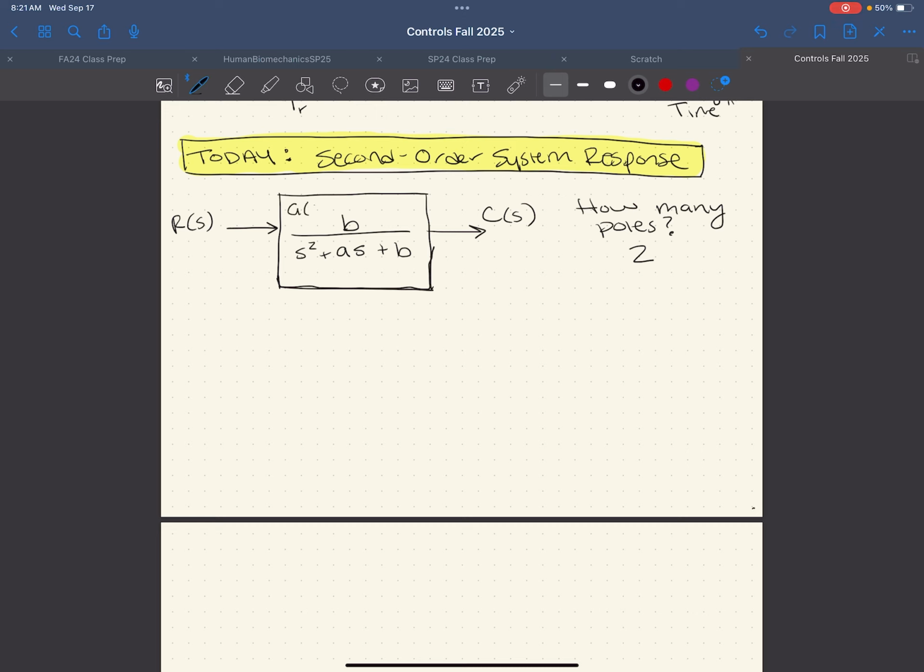This is, of course, a transfer function, G of s, but G of s can also be written as omega n squared over s squared plus 2 zeta omega n s plus omega n squared.